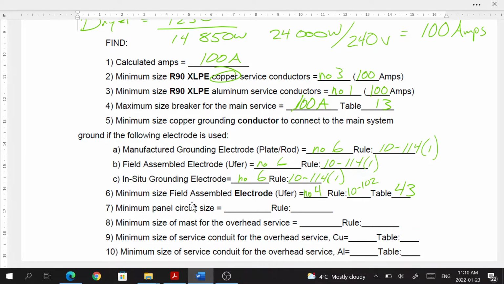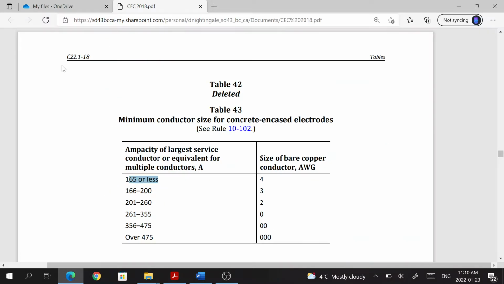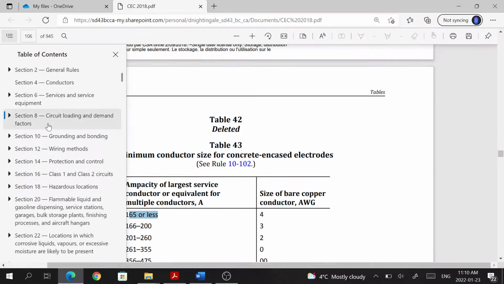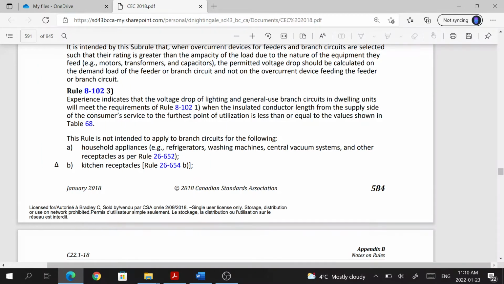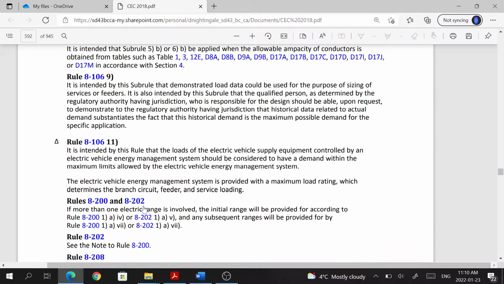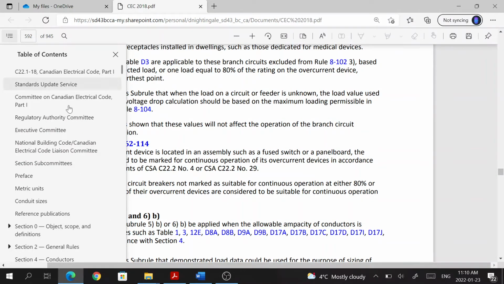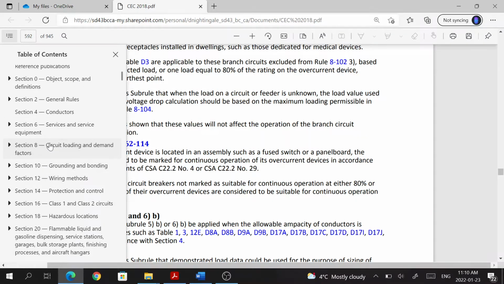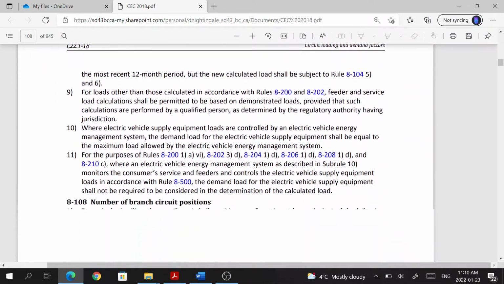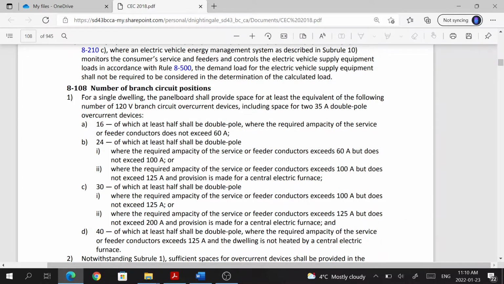So for this one, you're going to be going to 8-108. Number of branch circuit positions.